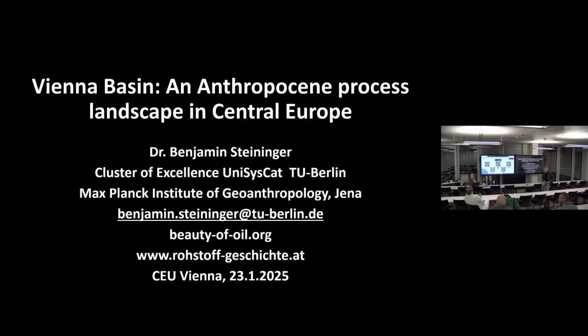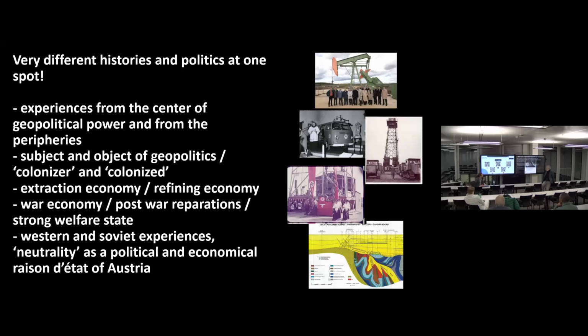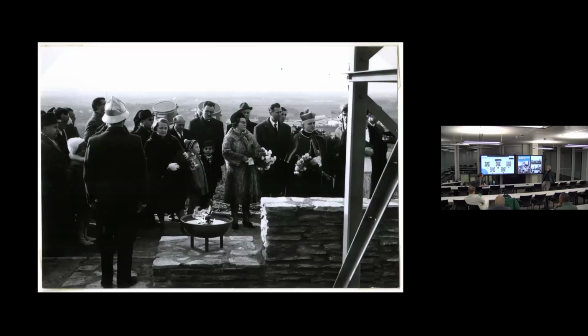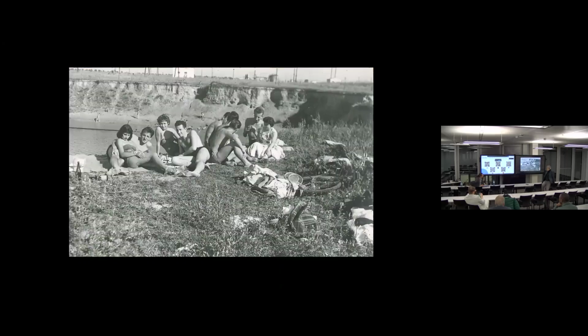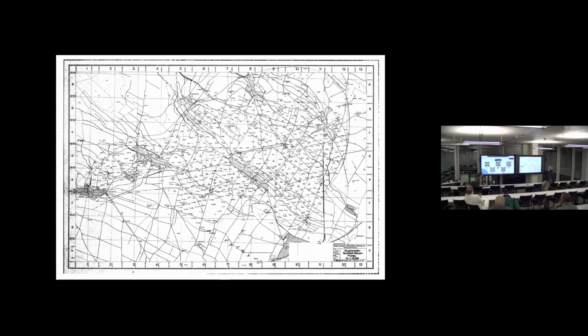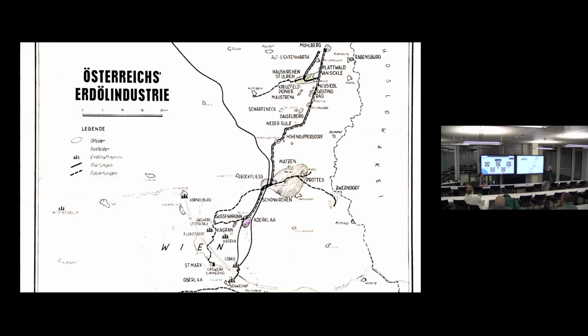And that pond, where is it? This particular pond is between... I can show you on the map. So this is Vienna.